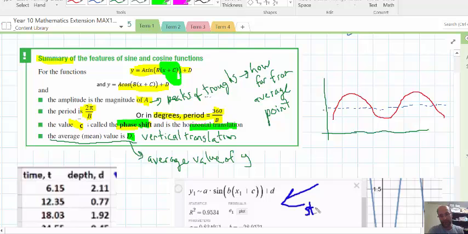There's just as much above as below. And whatever that y value is there, that would be the value of D. So maybe you can see how that links to its other way of thinking. The other way of thinking about it is you might be able to see how that links to vertical translation. Similar idea. So average y value is D.